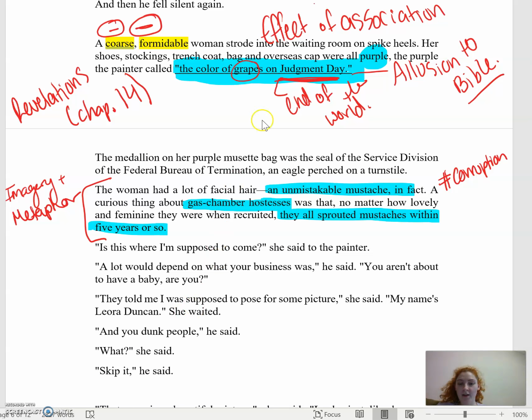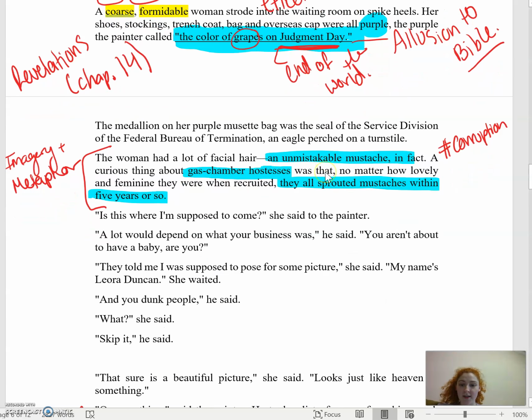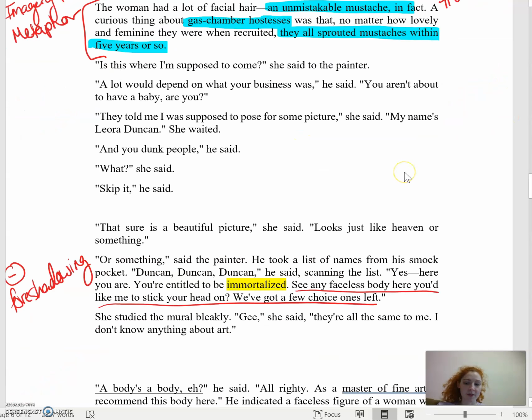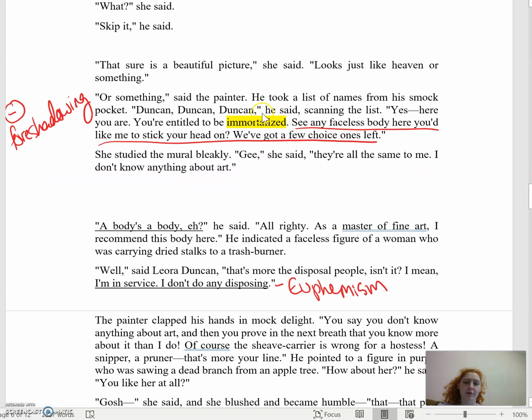Okay, moving on from our biblical allusion here. We've got a little bit of description about the lady, which has a bit of a metaphor about how her workplace corrupts her. We've got some strange foreshadowing around this word immortalized. To be immortalized means to live forever in people's memory. And in this society, people literally live forever, so why would she need to be immortalized into art?